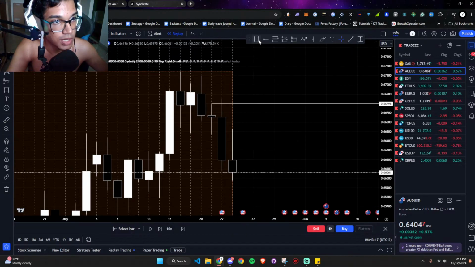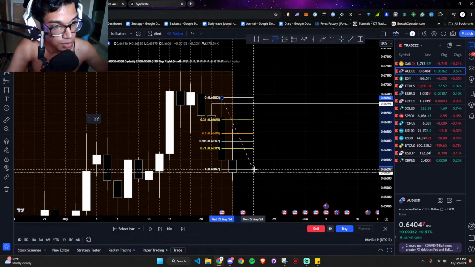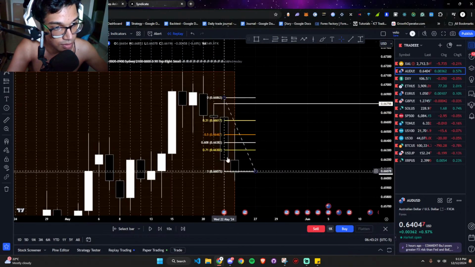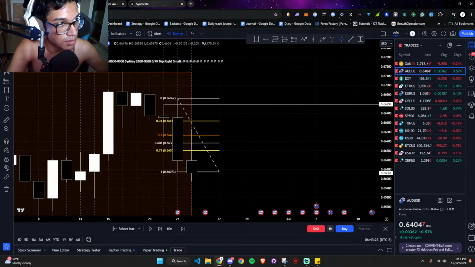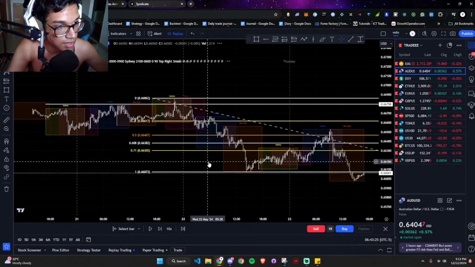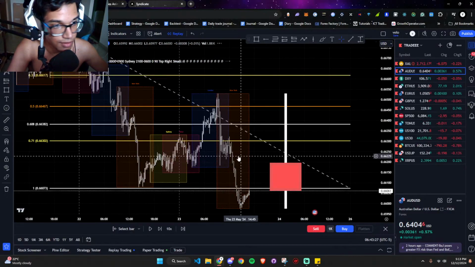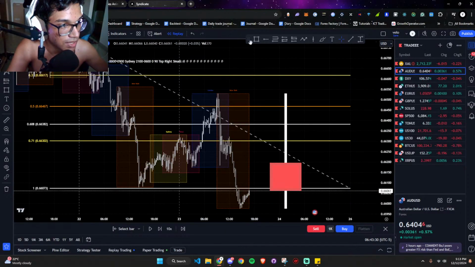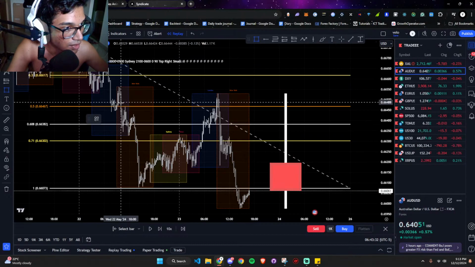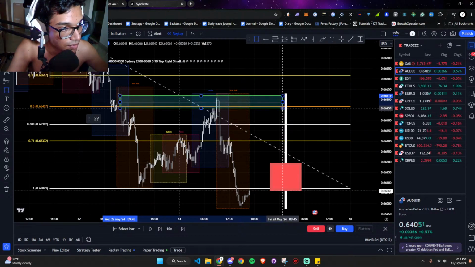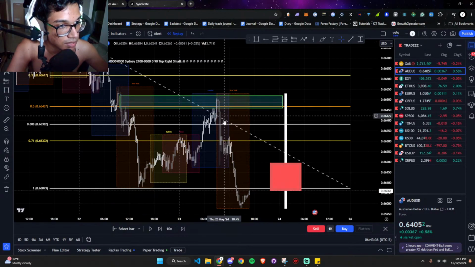Okay, it's forming lower, which means now if we retrace to 0.5, we're selling away. So what you see it did is it retraced back to 0.5. It held this fair value gap, or even this fair value gap right here, and then it sells off.